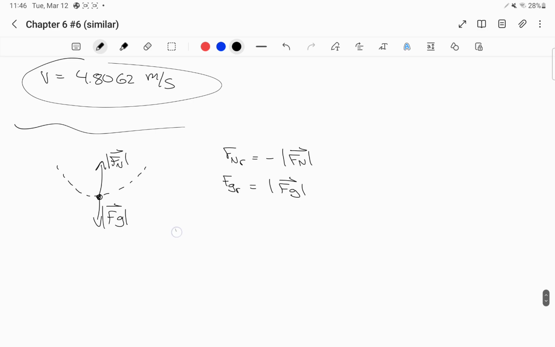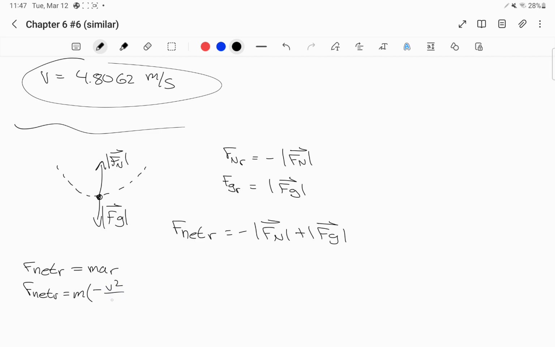So if we sum up all the forces using Newton's second law, we have F net of r is equal to the negative normal force plus F of g. Now let's go to the side, and we know that F net of r is equal to m A r, and we know what A r is. So if we just plug in negative v squared over r, remember it's the magnitude, because A of r is our radial component that's pointing towards the center.